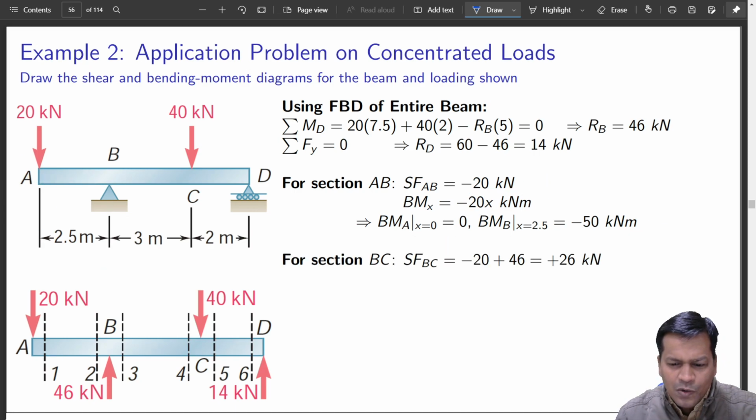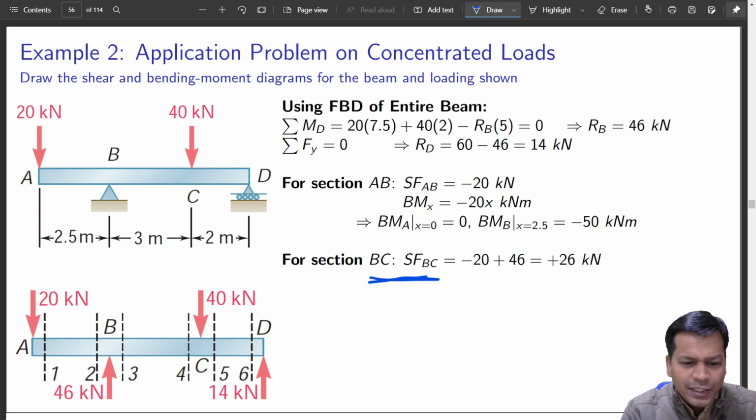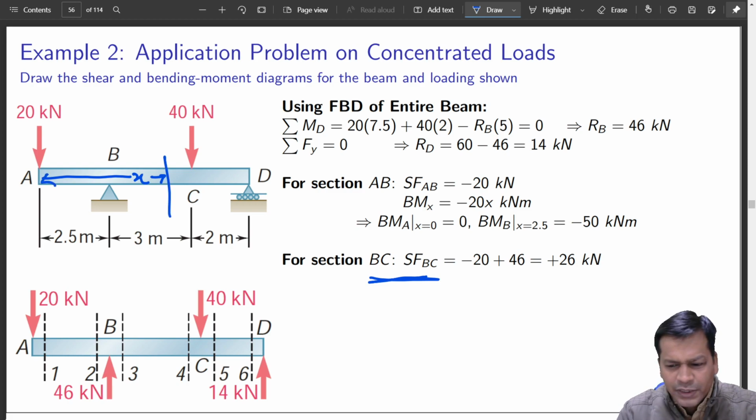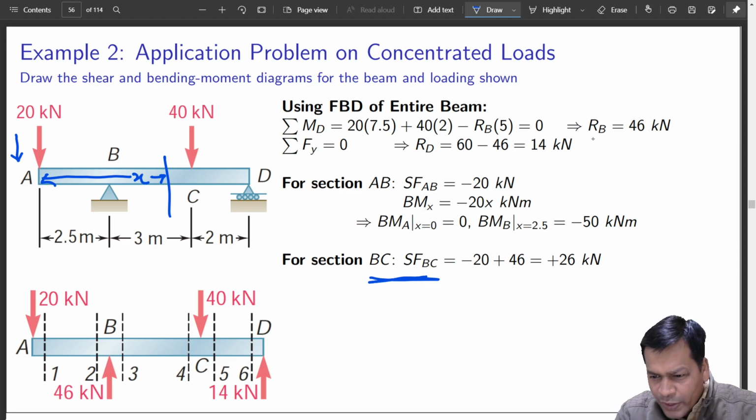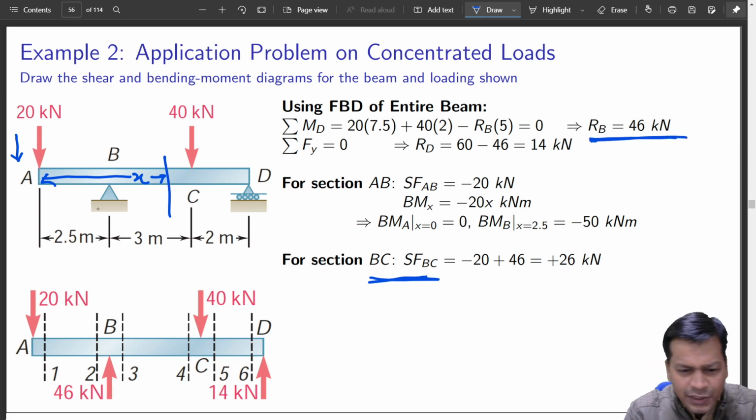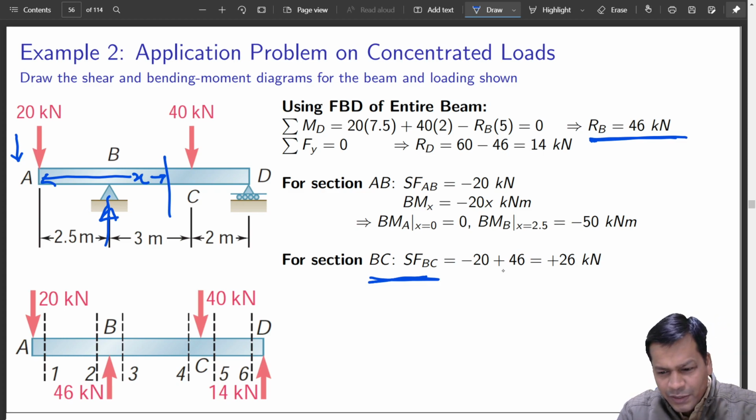Okay. Now for the section BC, it is at a distance x from this. So you have two things. First, minus 20 that acts in this direction. And 46, mind it, this acts in the upward direction, that is in positive direction.